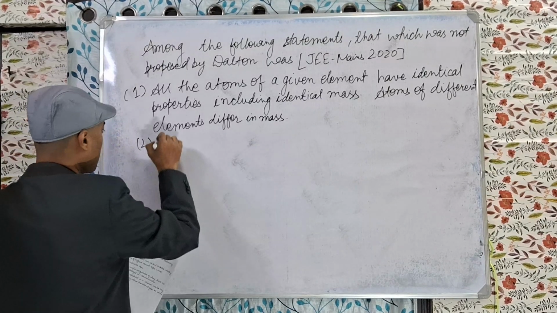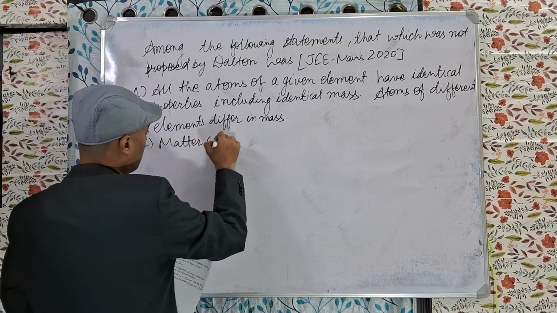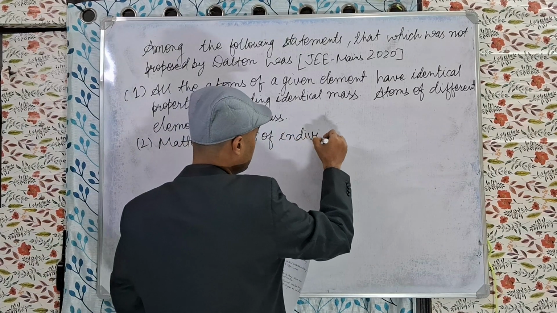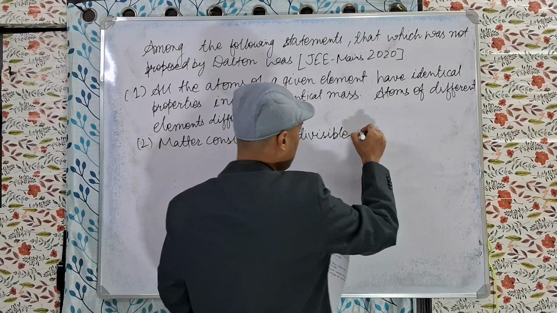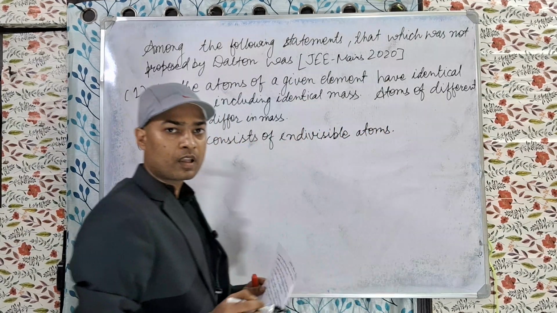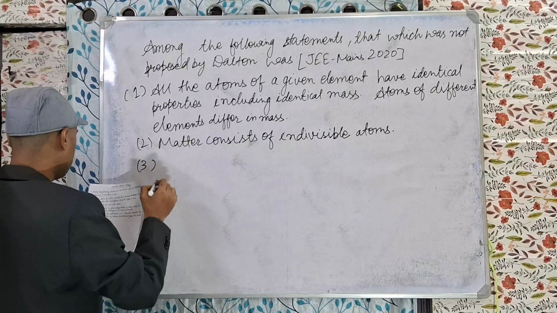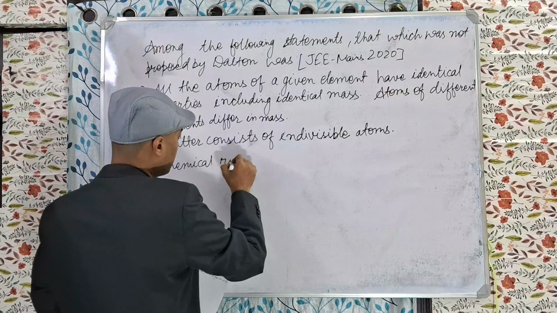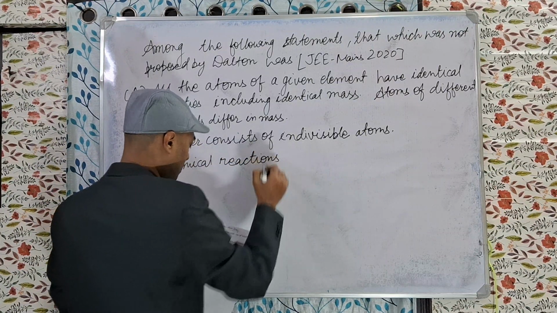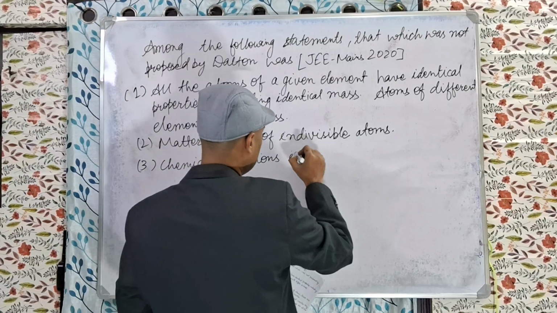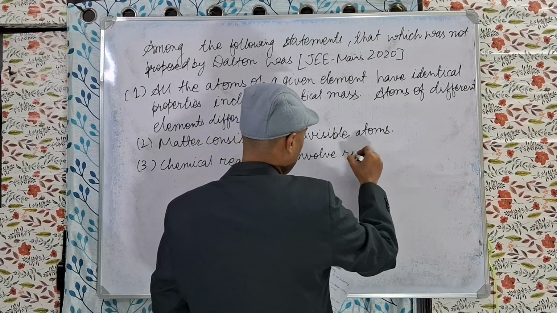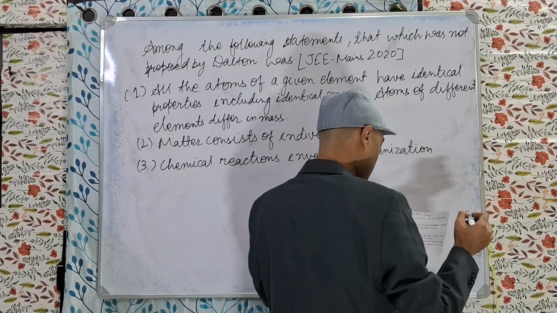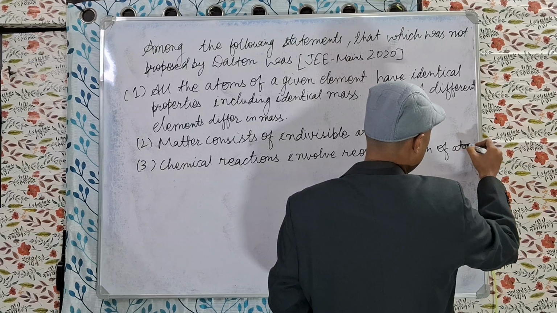Okay, second is matter consists of indivisible atoms. Okay, your third option is chemical reactions involve reorganization of atoms.